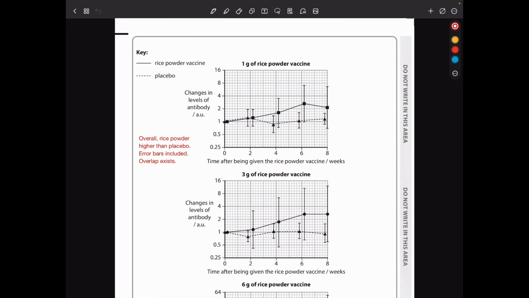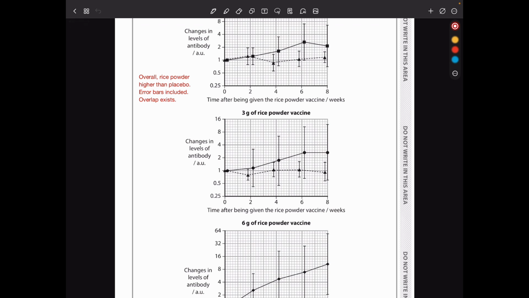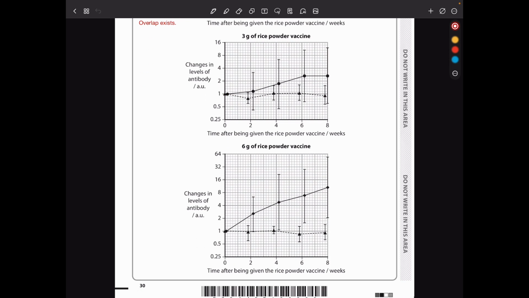From the graph we see there is a higher change in the rice powder vaccine in comparison to the placebo, because the placebo did not change that much. We see error bars were included, but there is overlap. Over here we see something similar, changes in levels of antibodies. We see greater in the vaccine, the placebo is lower, and finally changes in the level.